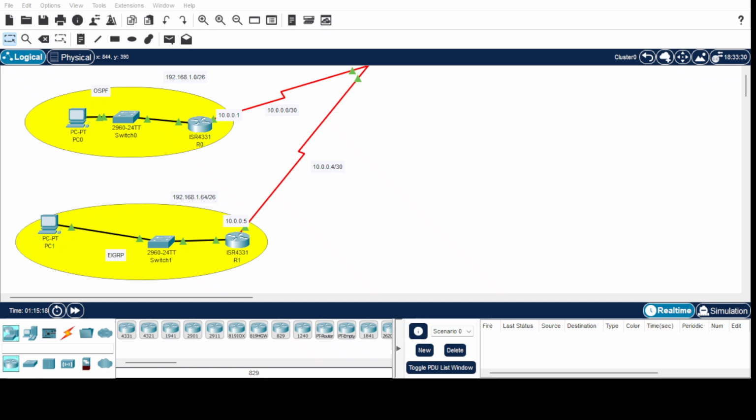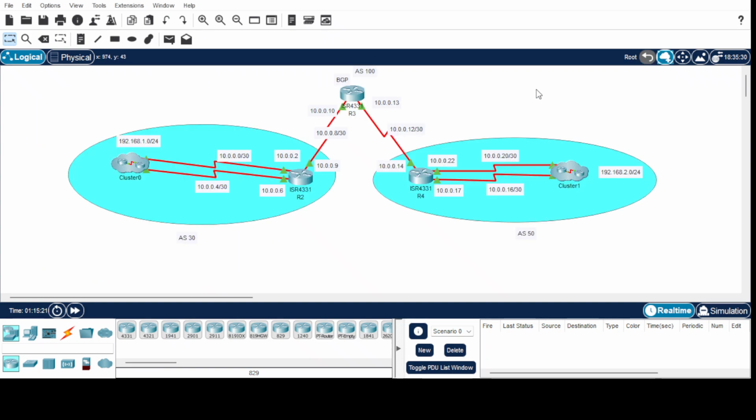So at my edge router, three routing protocols are working: BGP, OSPF, and EIGRP.